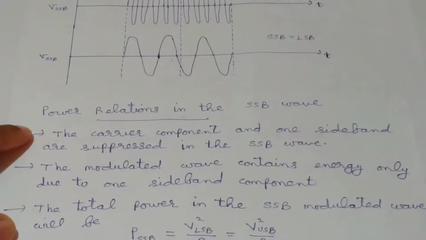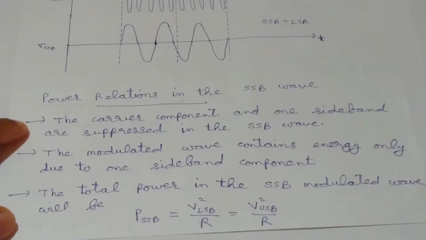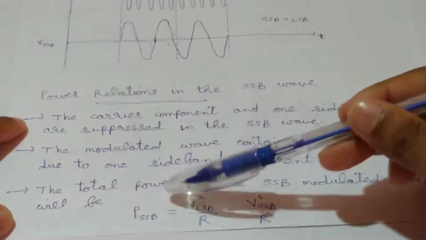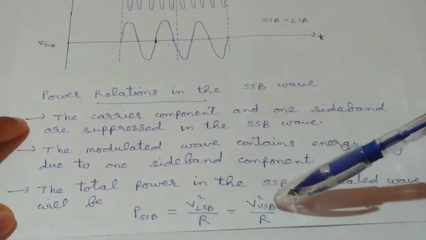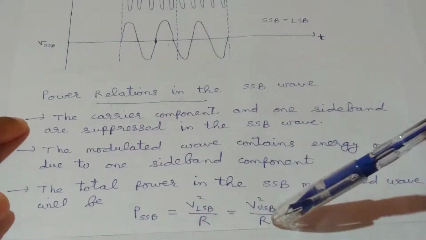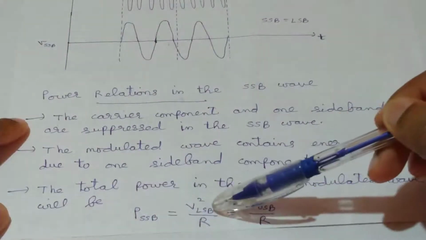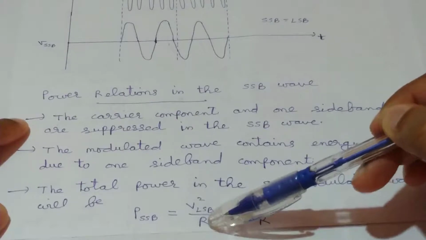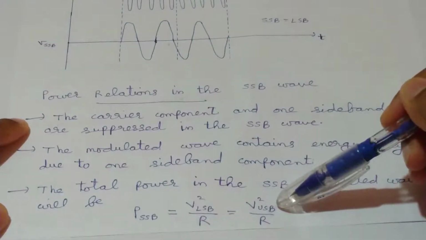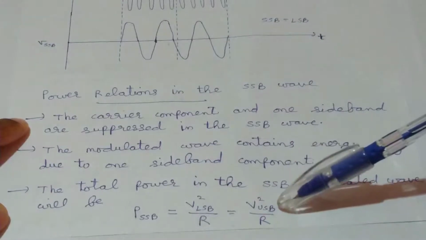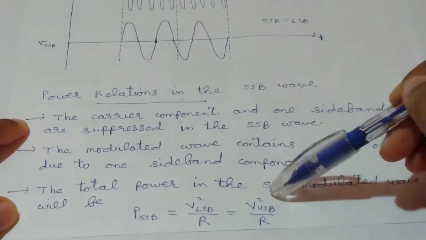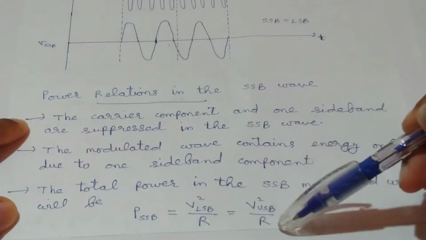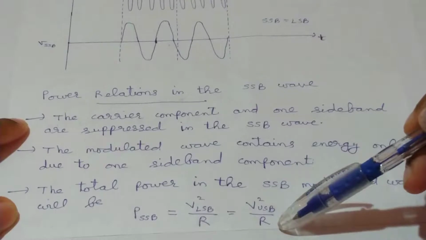Hence, the total power in the single sideband modulated wave will be PSSB is equal to VLSB square divided by R, and that is equal to VUSB square divided by R. If we are transmitting the lower sideband component, then PSSB is equal to VLSB square divided by R, and if we are transmitting the upper sideband component, then PSSB is equal to VUSB square divided by R. Here all these voltages are in RMS values, and R is the resistance in which the power is dissipated.